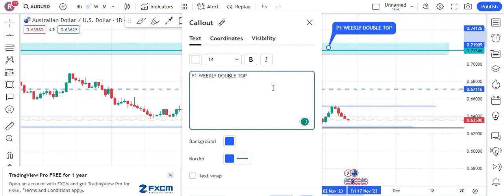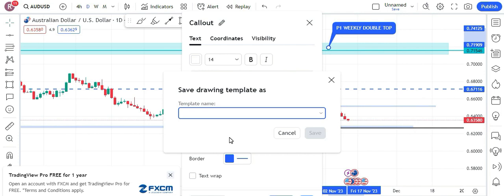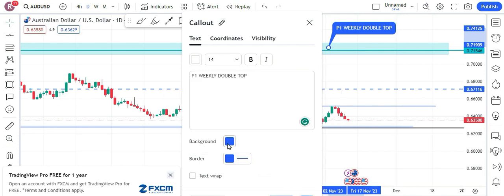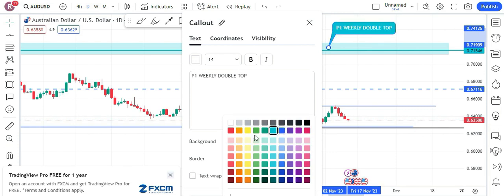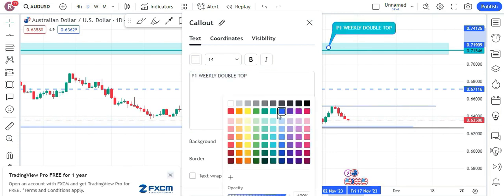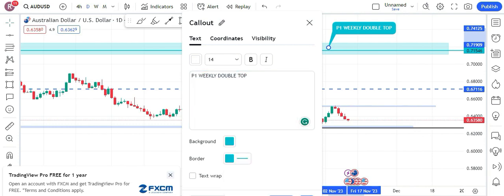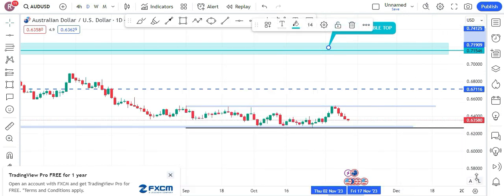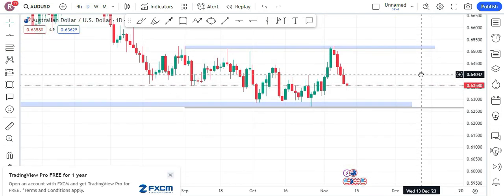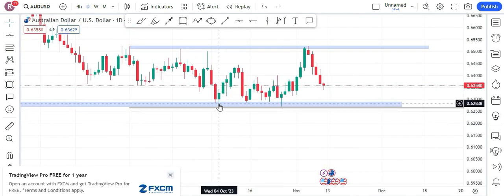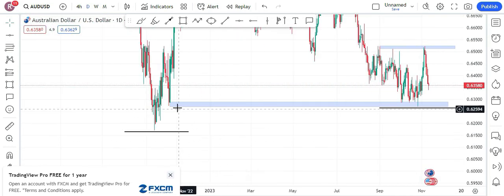So this is the first pattern we can see, and this should be like this. Okay, and that's it.